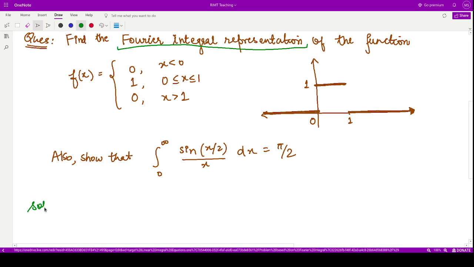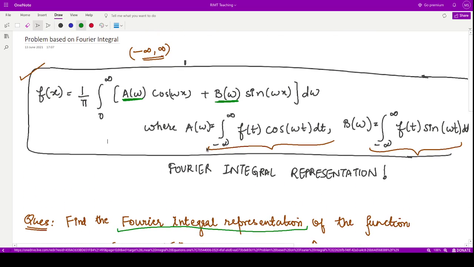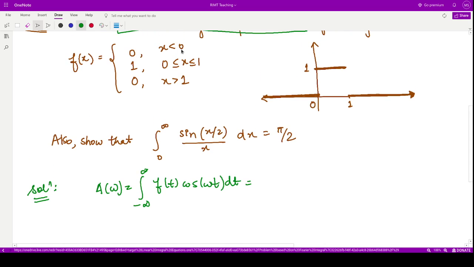For the solution, let me first calculate A(omega). By the definition, A(omega) is the integral from minus infinity to infinity of f(t) cos omega t dt. Now your function is defined in a piecewise sense, so you have to break your integral into the limits 0 and 1.